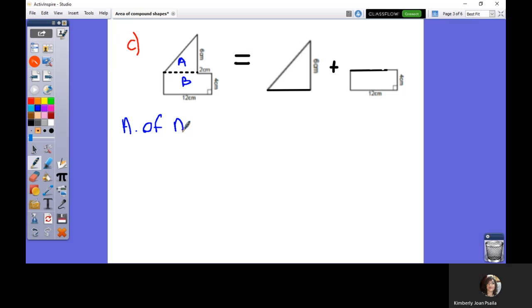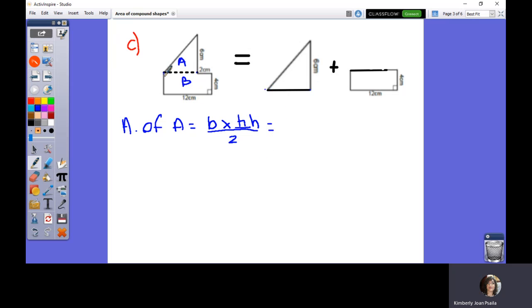Area of A is equal to, now what formula do we use for the area of a triangle? We use the formula base times perpendicular height divided by 2. Okay, so the base of our triangle here is from this point till this point. However, we don't know it yet.